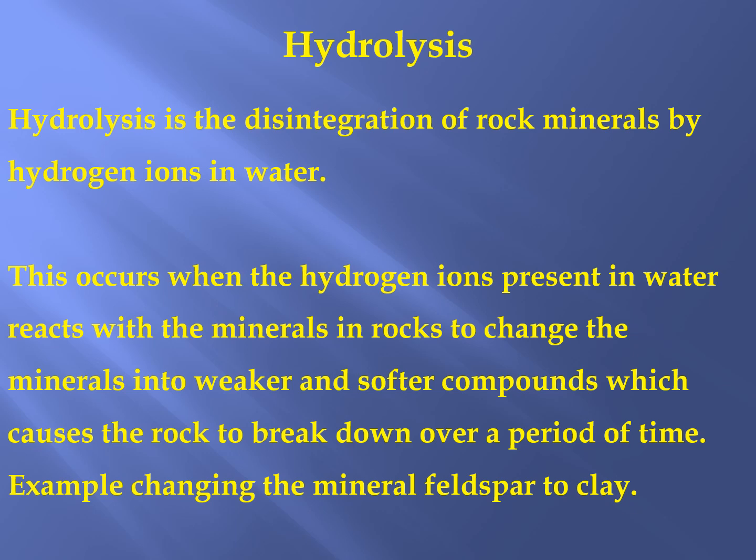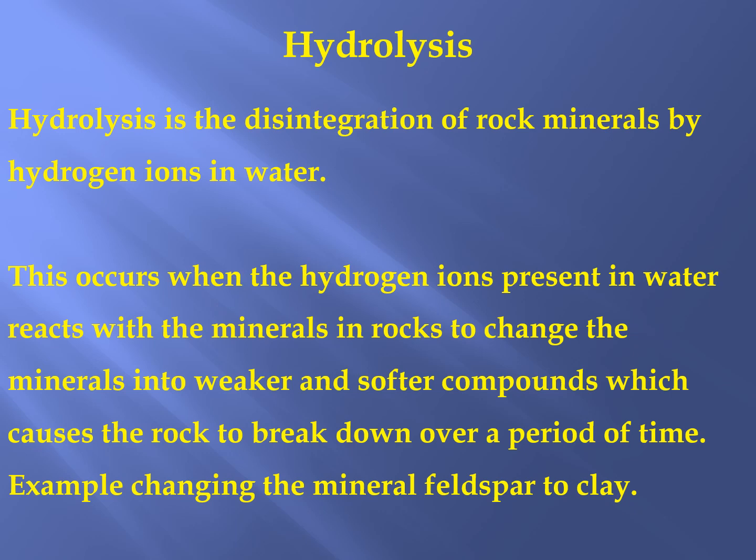Feldspar is a type of mineral that whenever it comes into contact with hydrogen ions in the water, its particles, or should I say its minerals, are replaced, and therefore because its ions have been replaced, it changed into another compound, and this compound is what we call clay, or specifically China clay, otherwise known as kaolin.